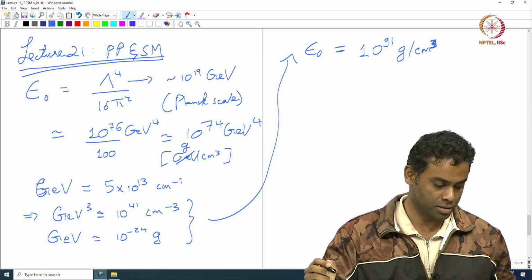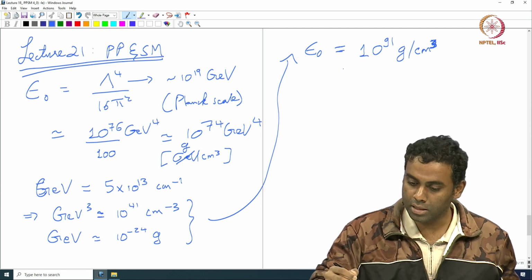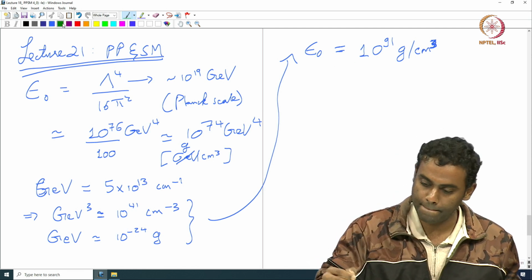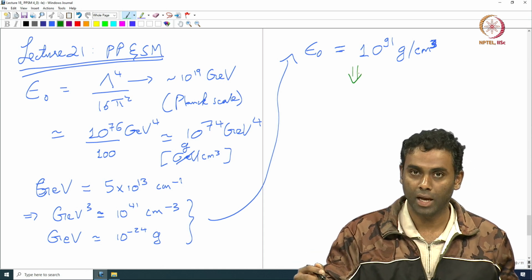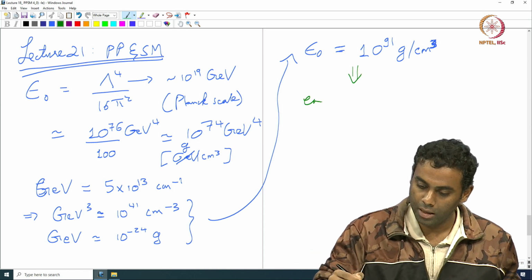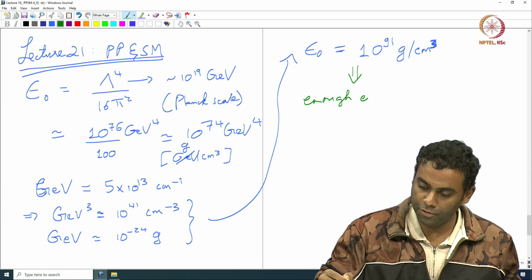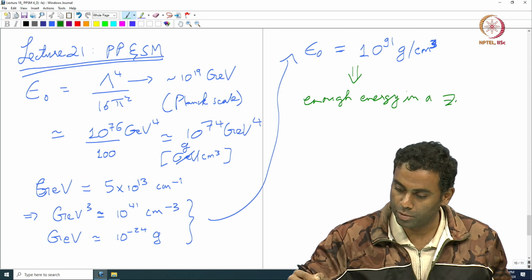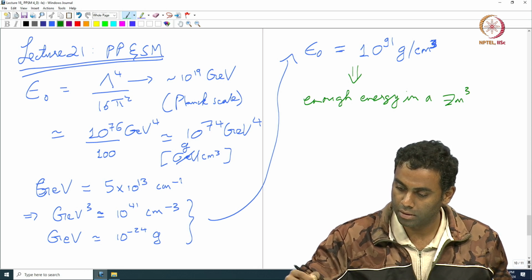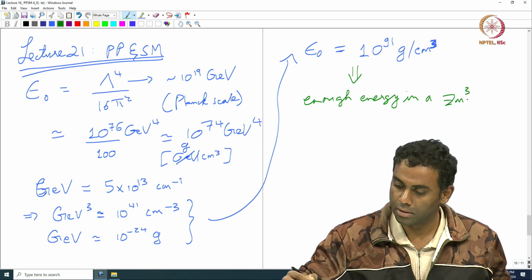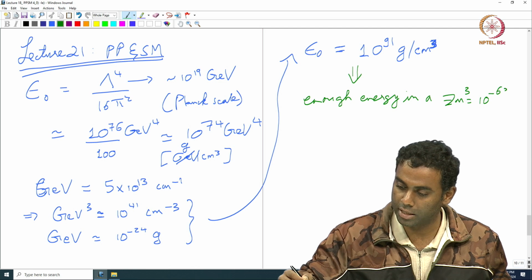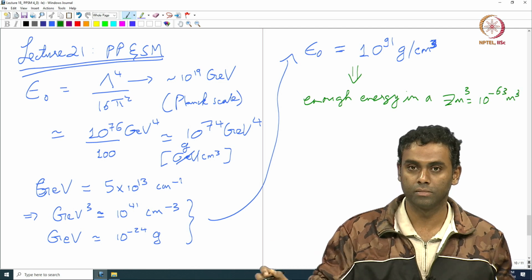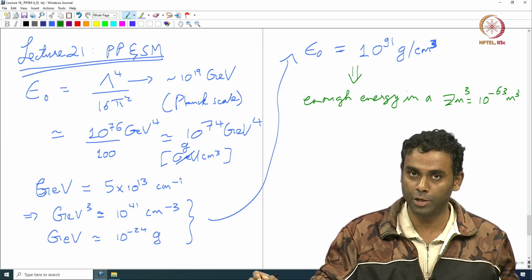To give you some numbers, this corresponds to having enough energy in a zeptometer cubed. What is that? That is basically 10 power minus 63 meter cubed, 10 power minus 21 whole cubed.